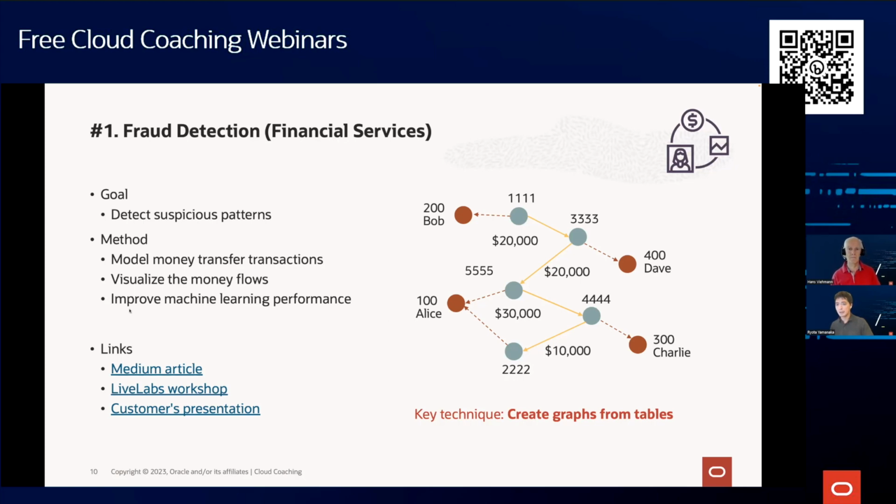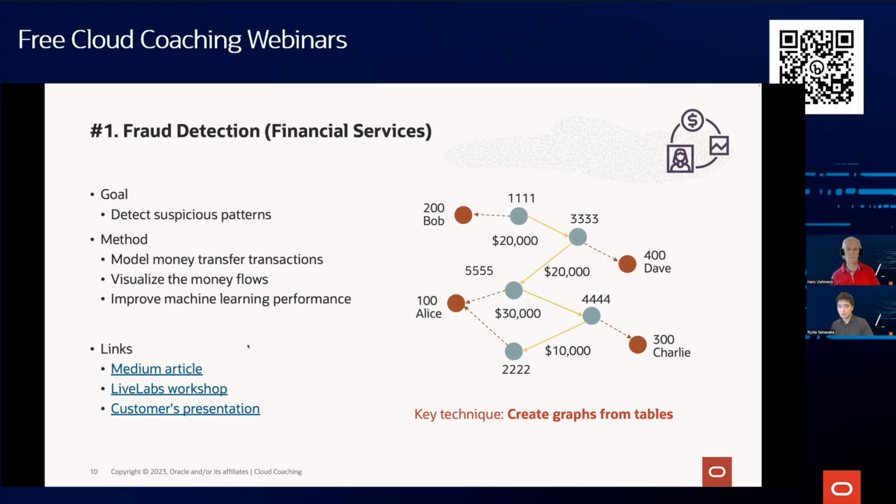And typically they try to use this graph for improving machine learning performances, because they often use machine learning techniques to detect suspicious patterns. And using graph and graph algorithms, we can generate more engineered features to help machine learning.